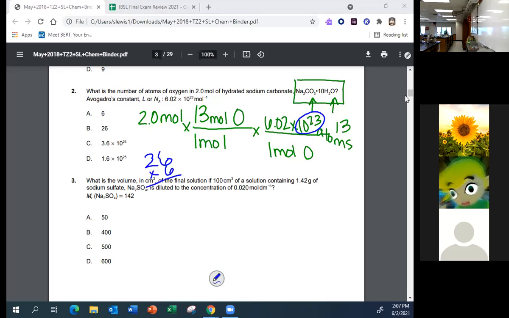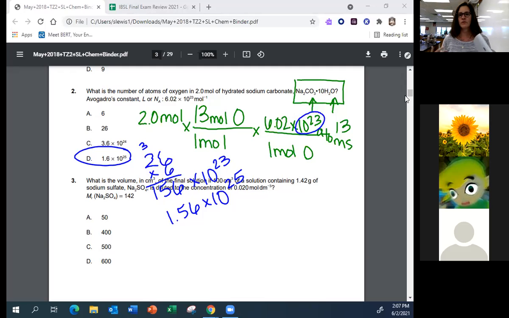You have to do a little bit of mental math here. 156 times 10 to the 23rd. All right, so in standard scientific notation, that would be 1.56 times 10 to the 25th. And so D is going to be the correct answer to that one.